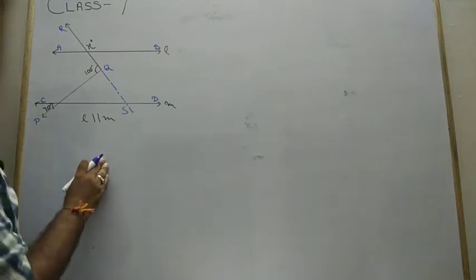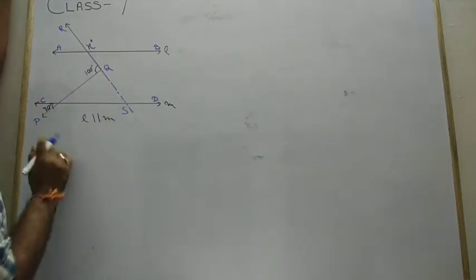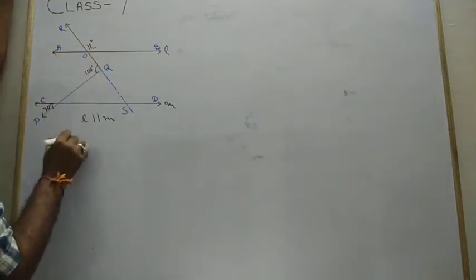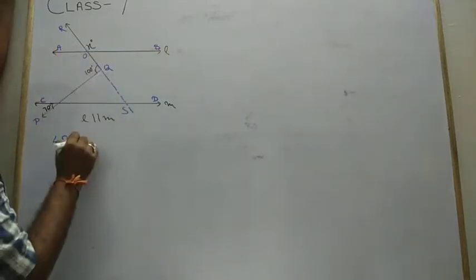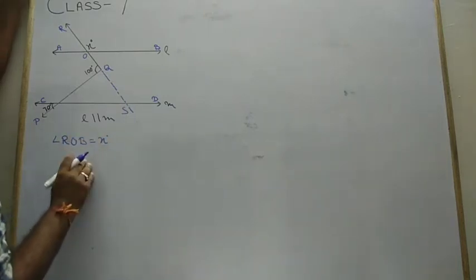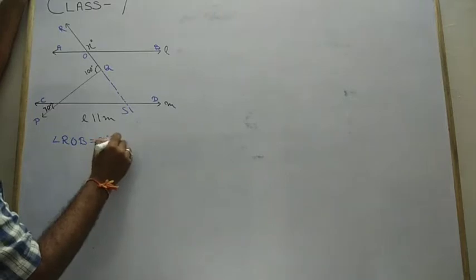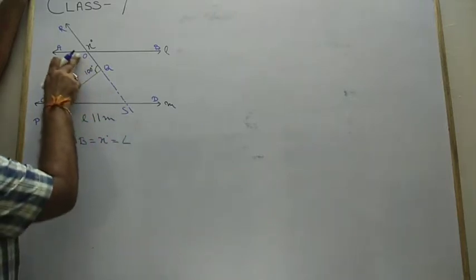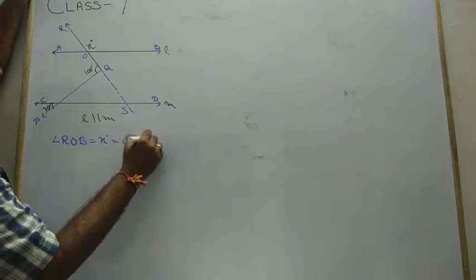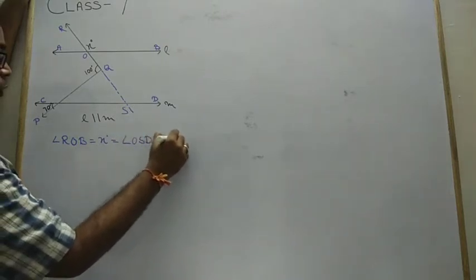Now here we can use angle ROB equals x degrees, it is given, but this one is also equal to angle OSD. Why? Because they are corresponding angles.